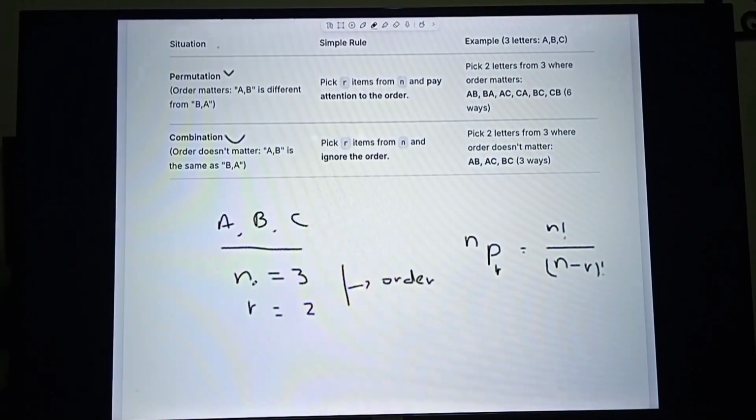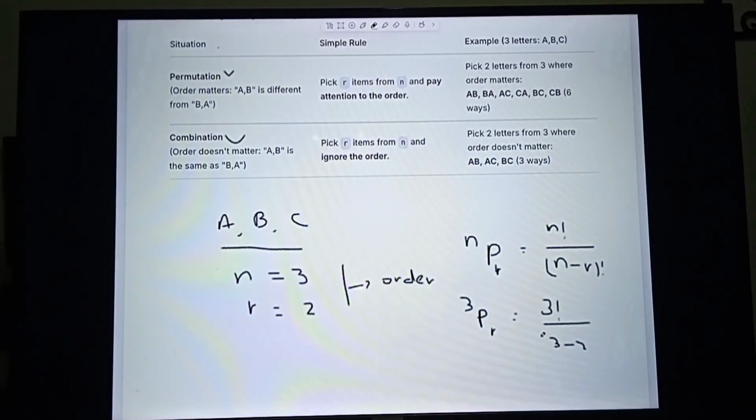When you put these values in this formula, so 3P2 is equal to 3 factorial divided by 3 minus 2 factorial.